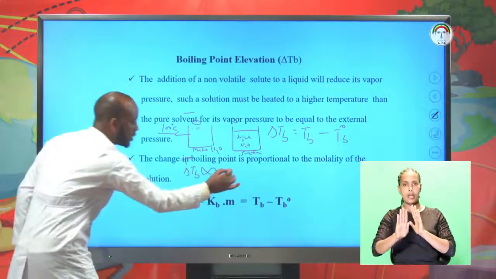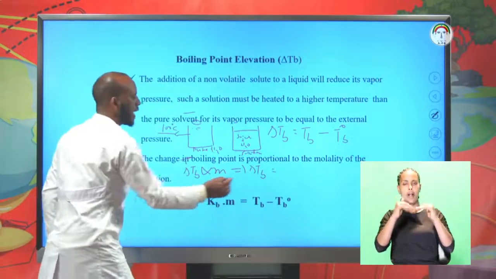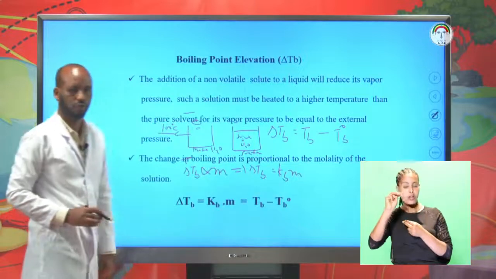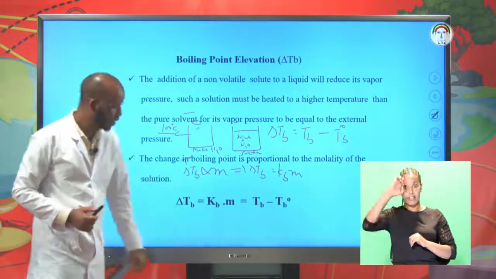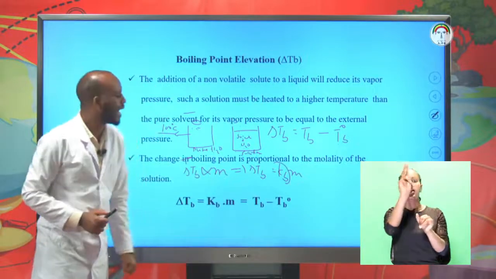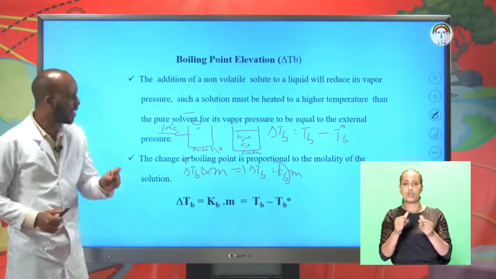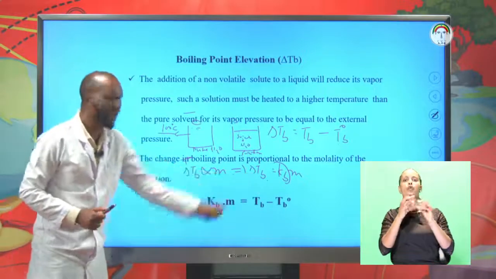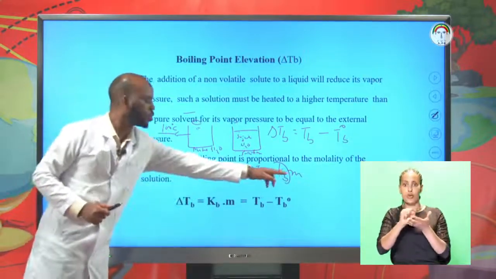Therefore, we can write ΔTb equals Kb times the molality of the solution, which is an example of colligative properties of a solution because it depends on the amount, the concentration, of solute.